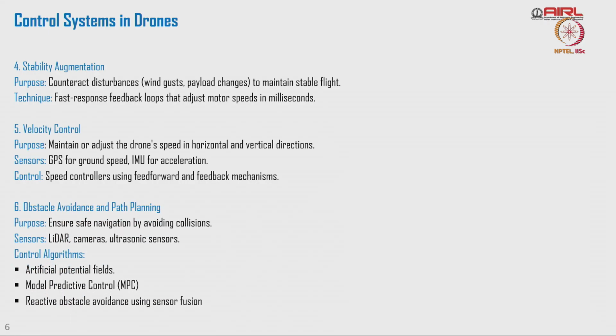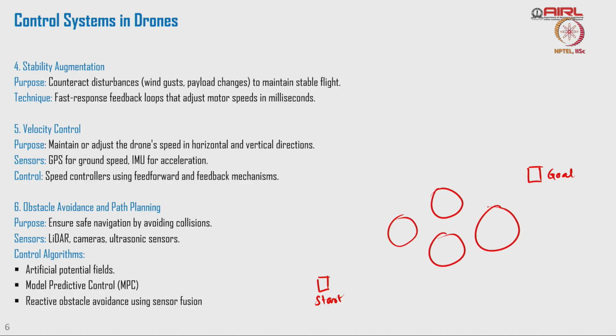Okay. One very important aspect, which will be covered in the next module called drone navigation, is obstacle avoidance and path planning, where the purpose is to ensure safe navigation by avoiding obstacles. In this particular scenario, the drone should start from a particular location and it should reach the goal location by avoiding some static or dynamic obstacles inside the environment.